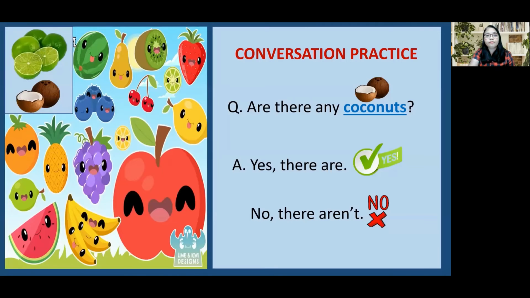Now, I want you to look at this for our conversation practice. This is not so hard. Look at these pictures on the left side of the screen.